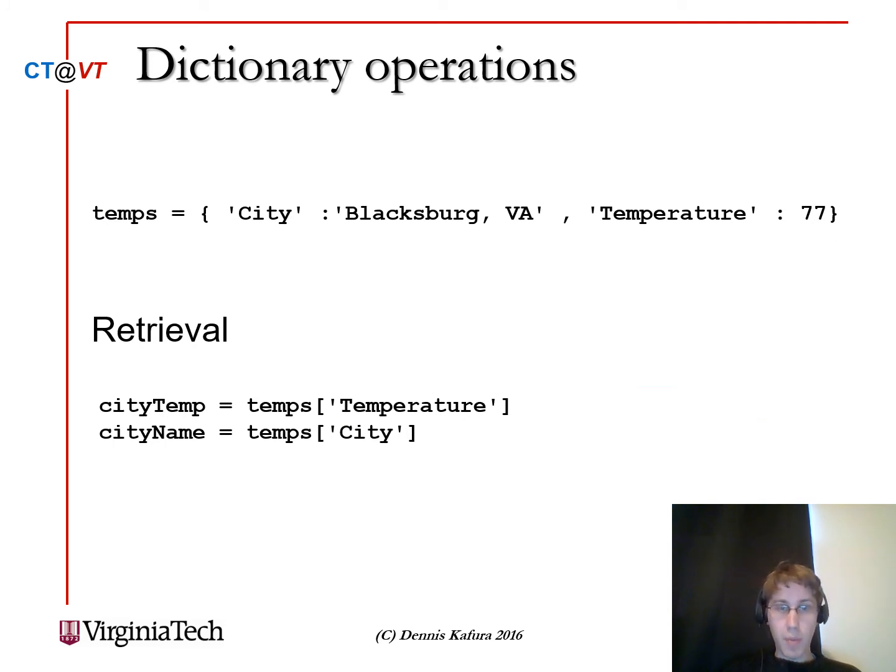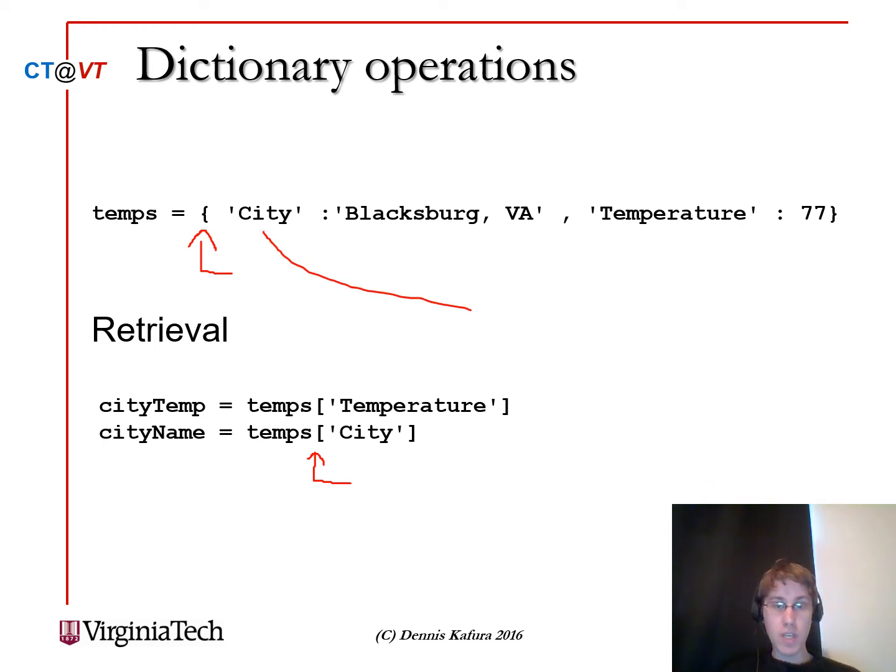Right now, the important thing to take away is that we can define new dictionaries using this curly brace syntax, and we can access data inside of dictionaries by using square bracket notation. This is going to be a little bit confusing at first. The way that we create dictionaries is by using curly braces, and we access information stored in dictionaries using square brackets.